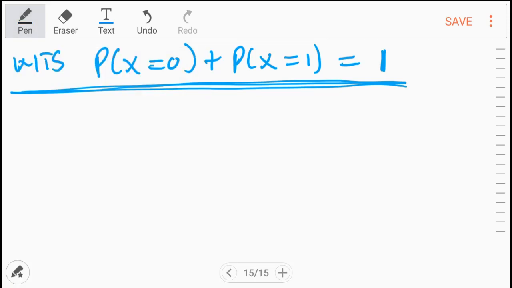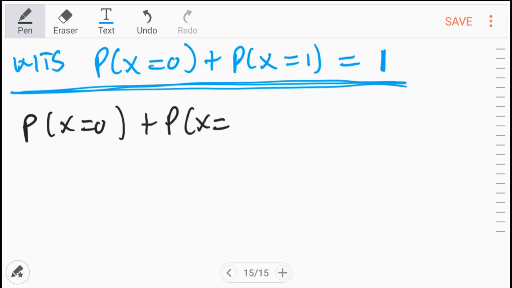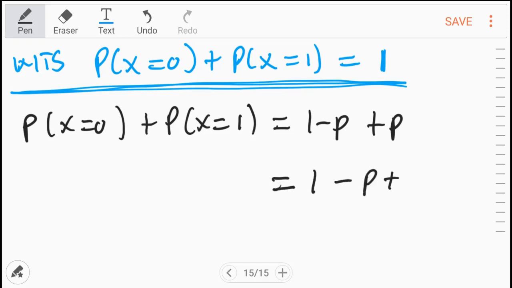Now we've been able to find P of x is equal to 0 and P of x is equal to 1. So P of x is equal to 0 plus probability of x is equal to 1: P of x is equal to 0 gives us 1 minus p, and P of x is equal to 1 gives us p. So we end up getting 1 minus p plus p.